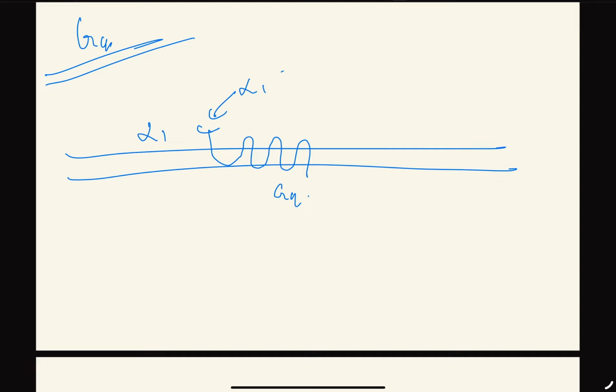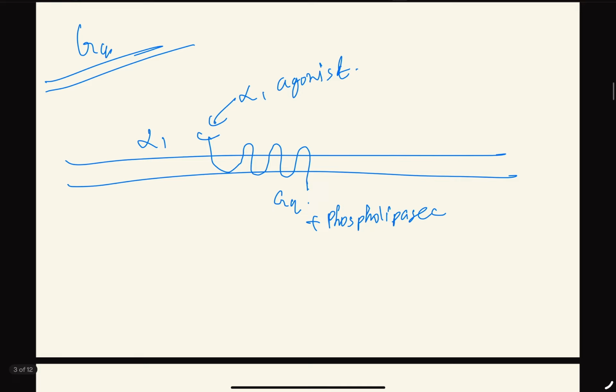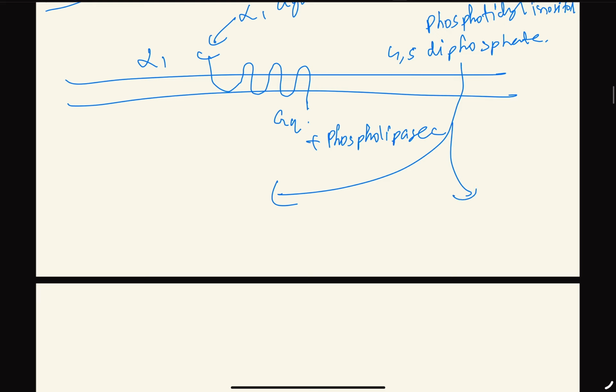When an alpha 1 agonist binds with this receptor, the receptor gets activated and it activates phospholipase C. What phospholipase C does is break down phosphatidylinositol 4,5-diphosphate into inositol triphosphate and diacylglycerol.